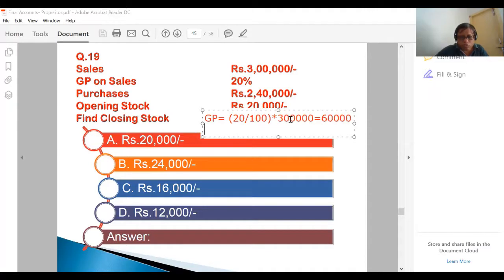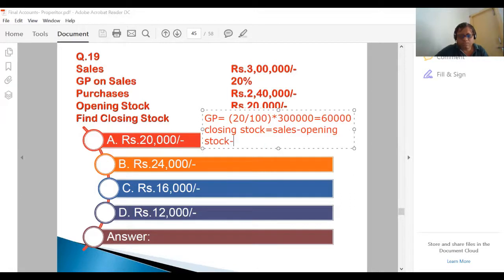So closing stock is equal to opening. We'll take like this: sales minus opening stock minus purchases. Okay, minus GP.